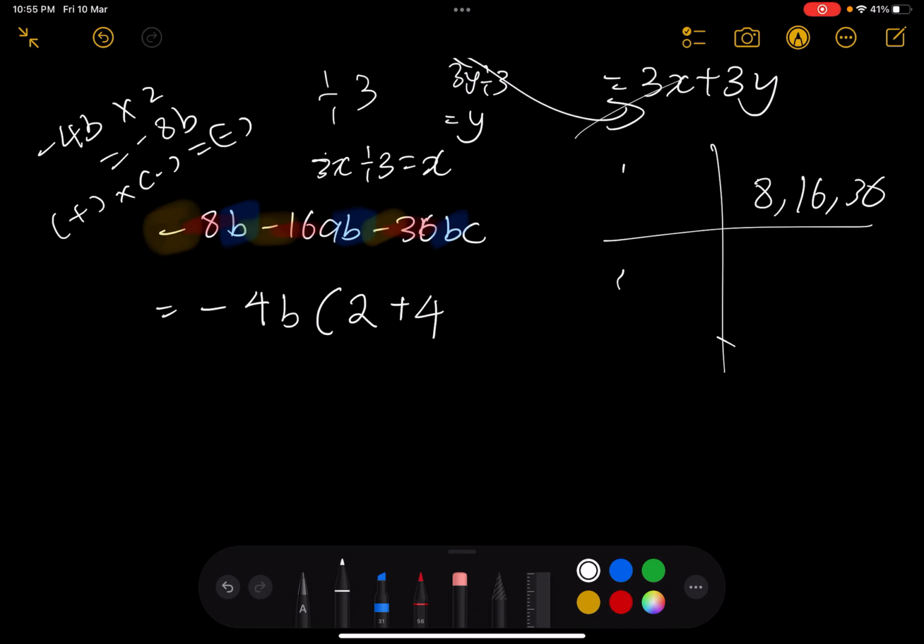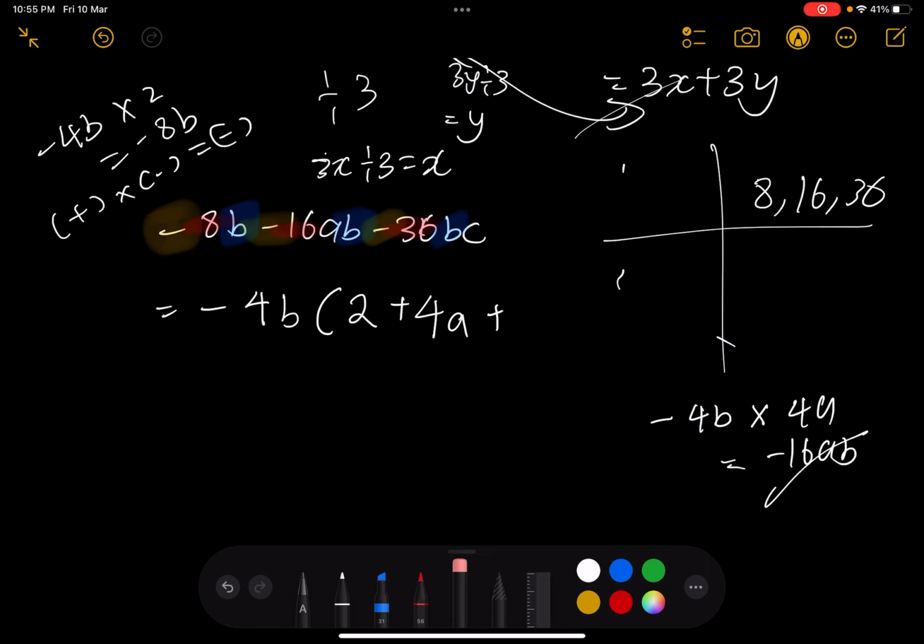Now, 4 times what give you 16? 4. Okay, now I already got my b inside, so I have left my a. Okay, so let's look here. Minus 4b times 4a is minus 16ab. Correct? Correct. Very good. Now, last one. Plus again, because when I expand out, become minus. Okay, so 4 times what give you 36? 9.